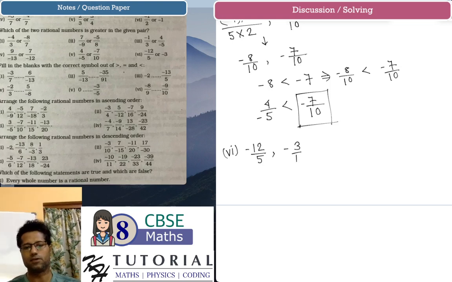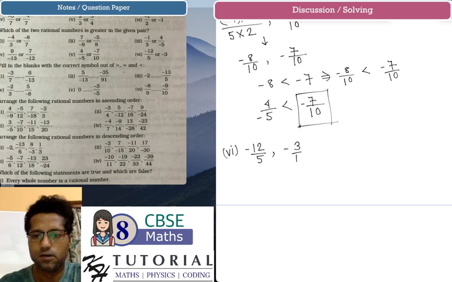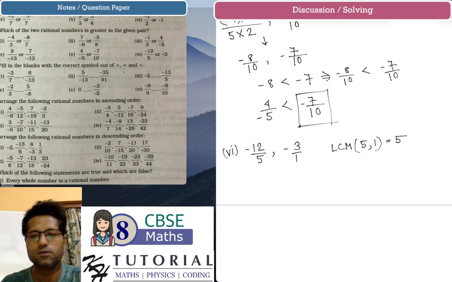We can see both the rational numbers are negative, but the denominators are different. So we have to find the LCM of the denominators, that is LCM of 5 and 1, which is 5. Now we have to convert the given rational numbers to their equivalent form so that both have a common denominator of 5.